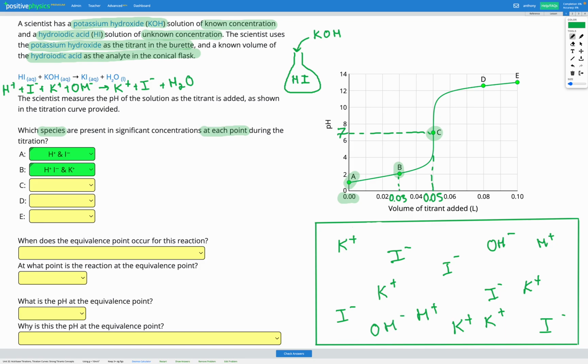Again, potassium hydroxide is a strong base, so it splits up into its ions. And then again, any OH- and H+ pairs are going to react together to form H2O.